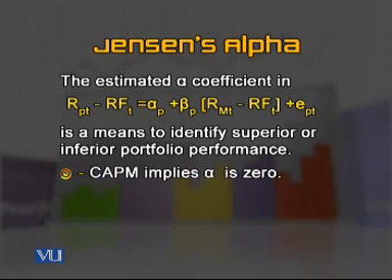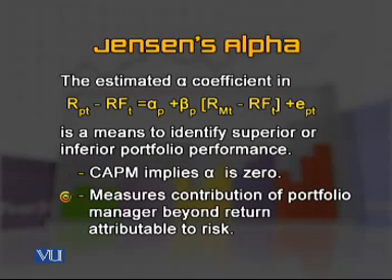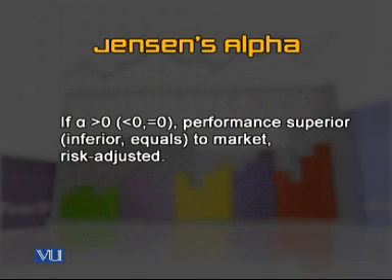The capital asset pricing model implies alpha is 0 and measures the contribution of the portfolio manager beyond return attributable to risk. If Jensen's alpha is greater than 0, less than 0, or equal to 0, performance can be superior, inferior, or equal to market risk adjusted.